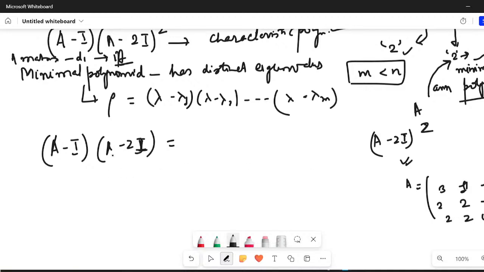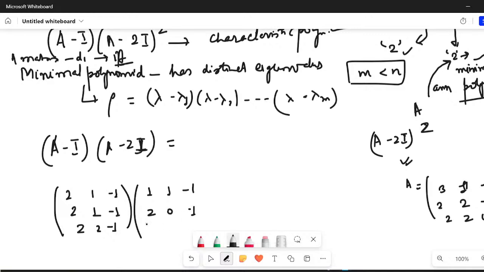Now let us try to find A minus I. So what would be A minus I? And if I want to find A minus 2I, it would be 1 1 minus 1, because this is 2 0, and this would be minus 1, this would be 2 2 minus 2.